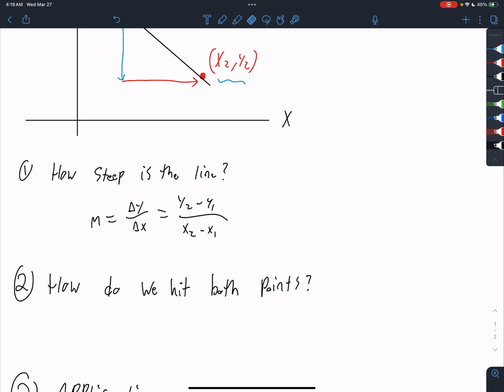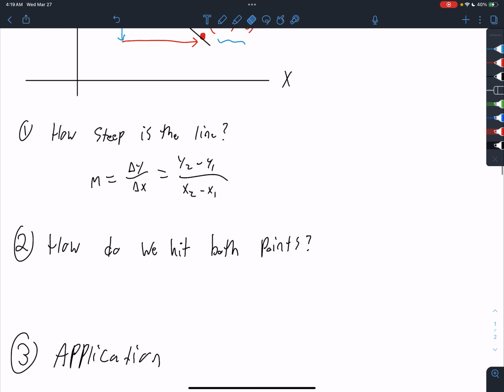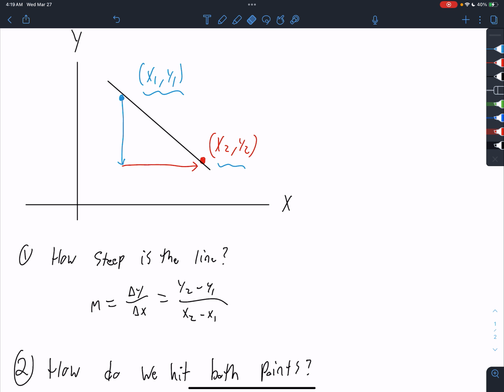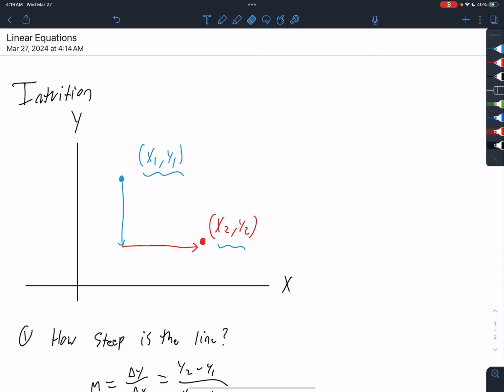Okay, the next question is, how do we guarantee that we're hitting both points? The reason I bring this up is because you can have, oh wow, that is not a great line. Let me redraw it. You can have this one line that goes through the 2 points.